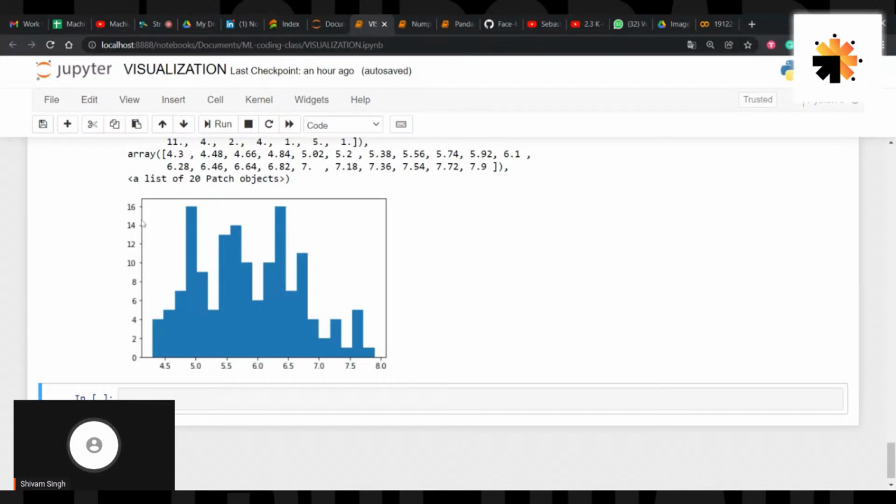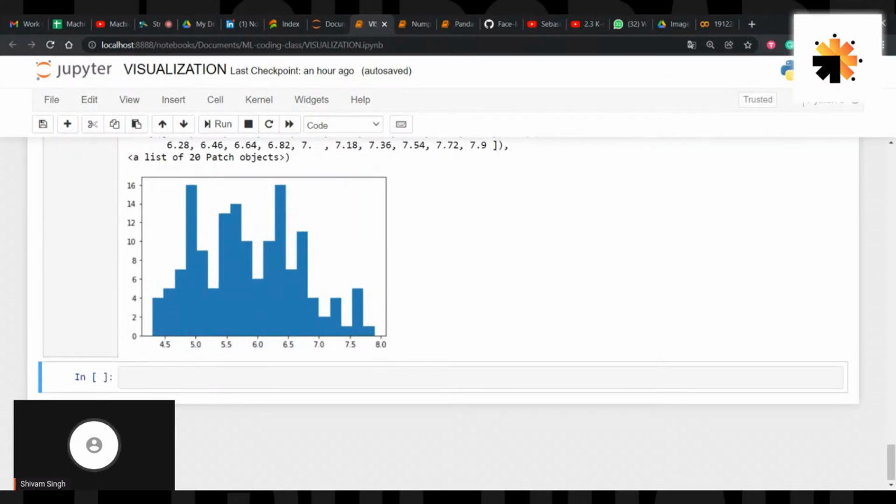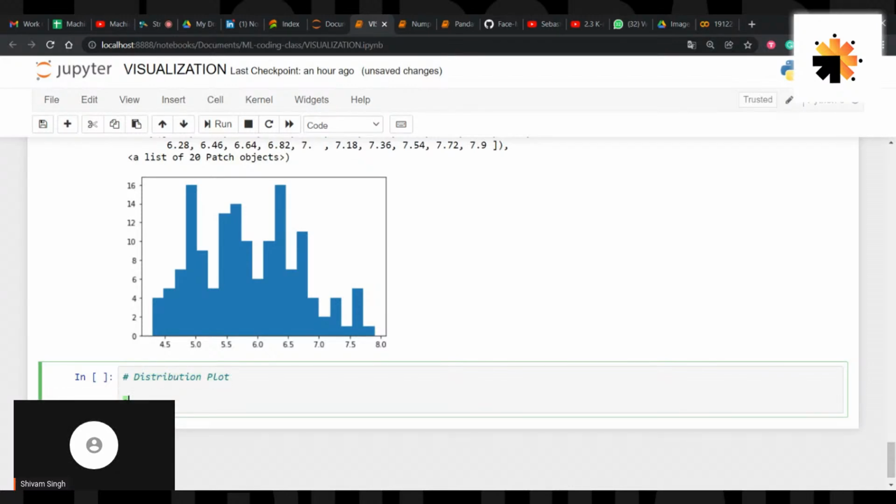So suppose you want to check whether your data is normally distributed or not, for that you can make a distribution plot. I can make a distribution plot over here. So I can write sns.distplot.